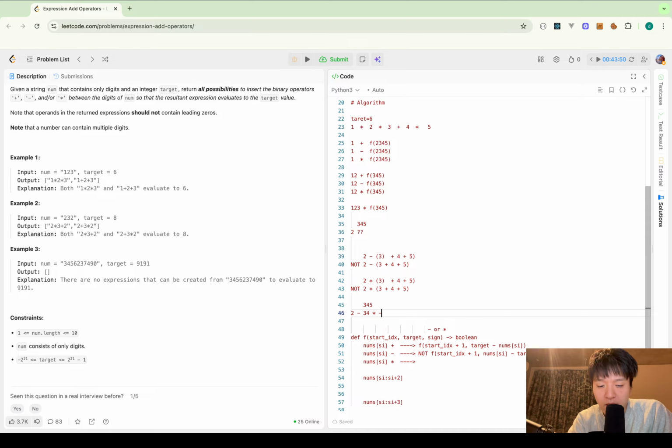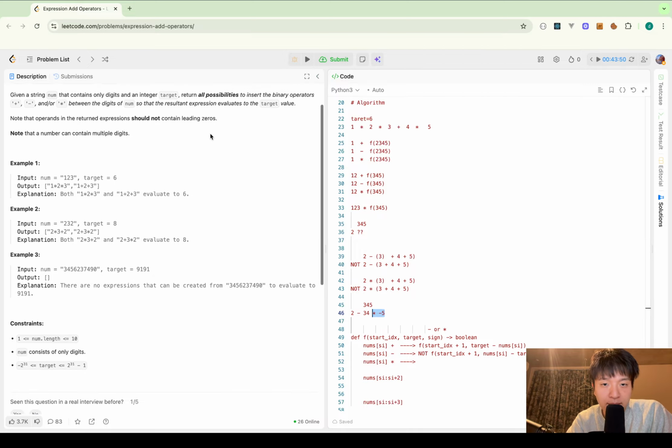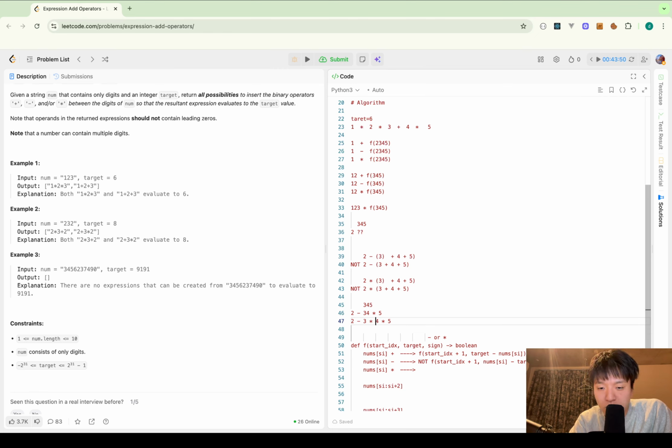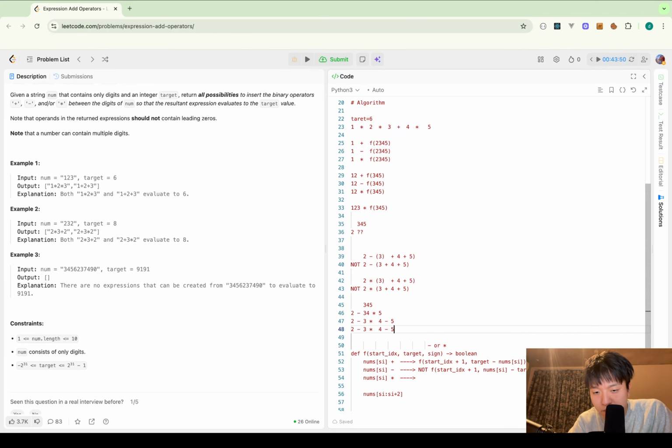Oh, by the way, I cannot use this times negative because minus is used for the operator, not as the sign. Okay. So this cannot happen. This can happen, or this can happen, which is a bit trickier.